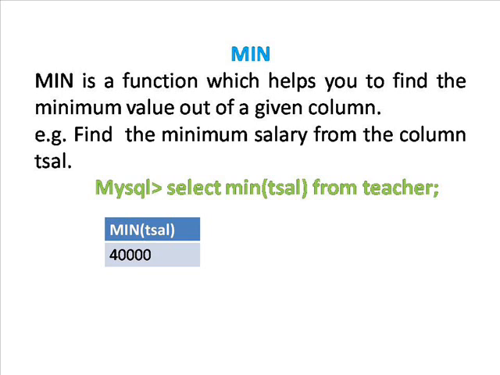So the query is select min TSAL from teacher. The output displayed will be min(TSAL) as the heading, and below it we will have 14,000, which no doubt is the minimum salary in the table given in the third slide.